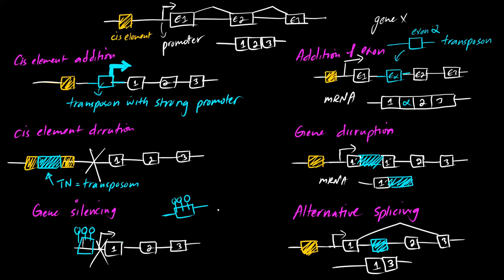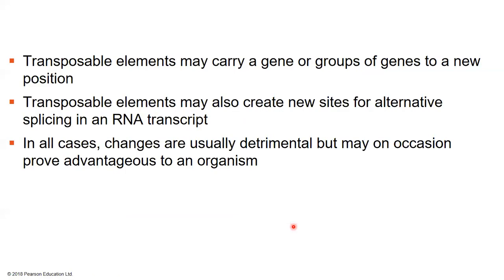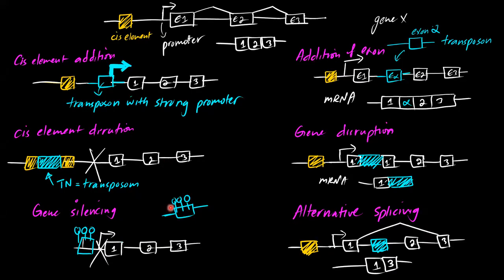Of course, we have seen how transposable elements might also lead to gene duplication or gene deletion. So all of these are different mechanisms by which transposons might affect gene evolution or protein production.